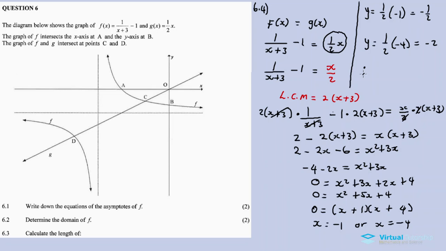Therefore the coordinates for C are -1, -1 over 2, and for D it's -4, -2.